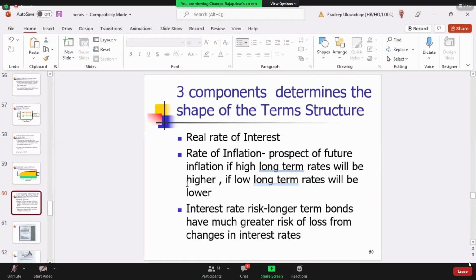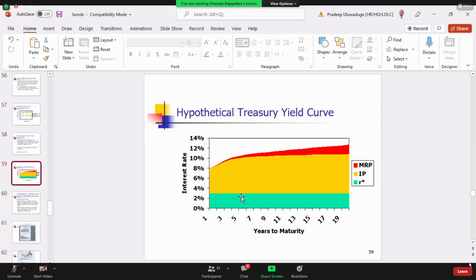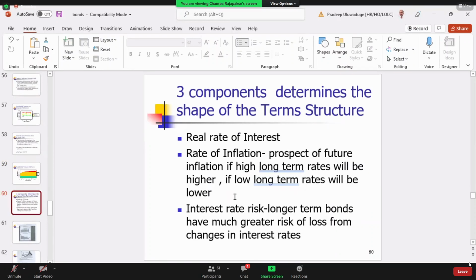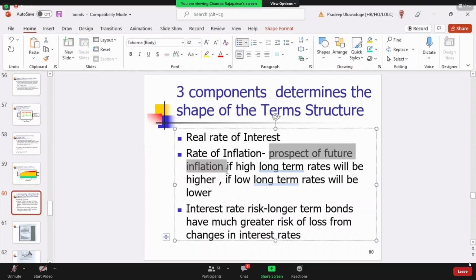Then three components determine the shape of the term structure. The real rate of interest will have an influence on the shape of the term structure. Then the rate of inflation: prospects of future inflation.